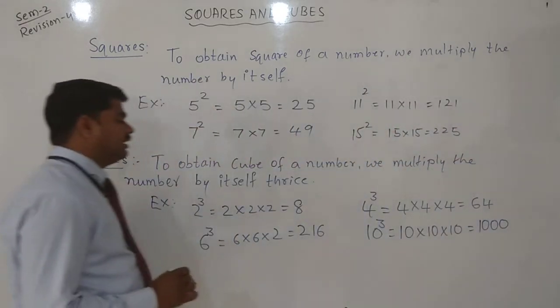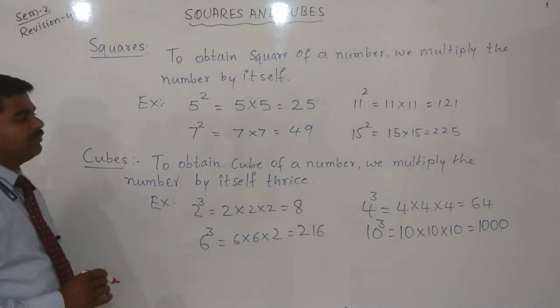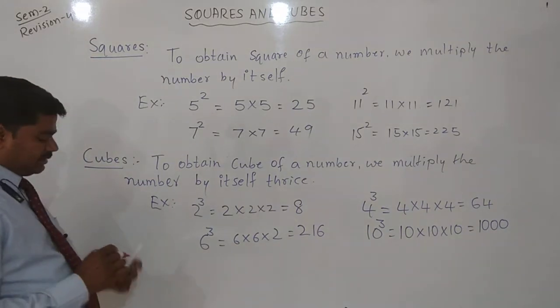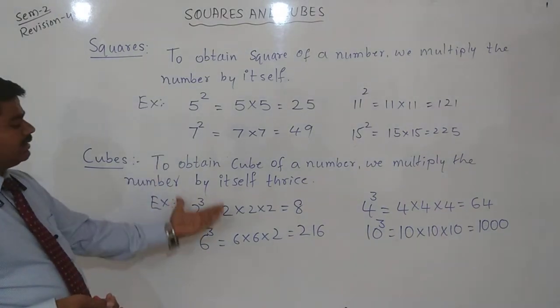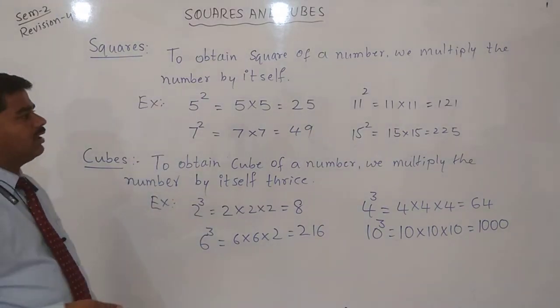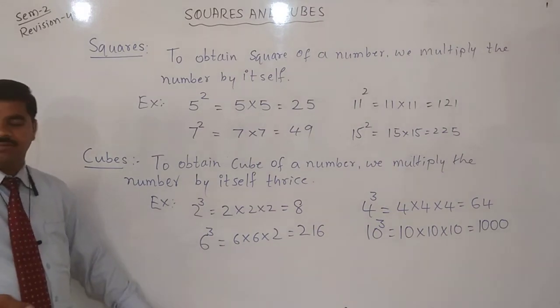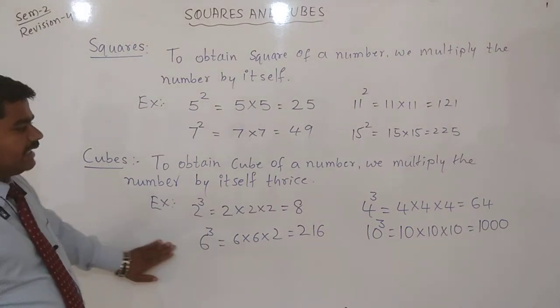This is how we obtain the cube of a number by multiplying the same number: twice it is a square, thrice it is a cube. How will you obtain it? By multiplying a number by itself 3 times, thrice.